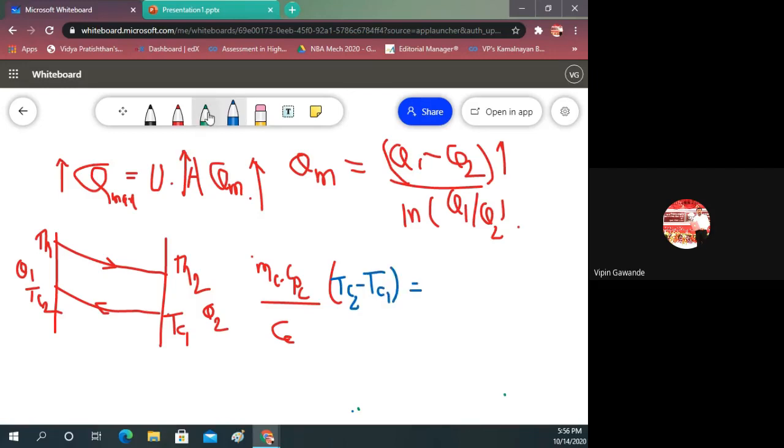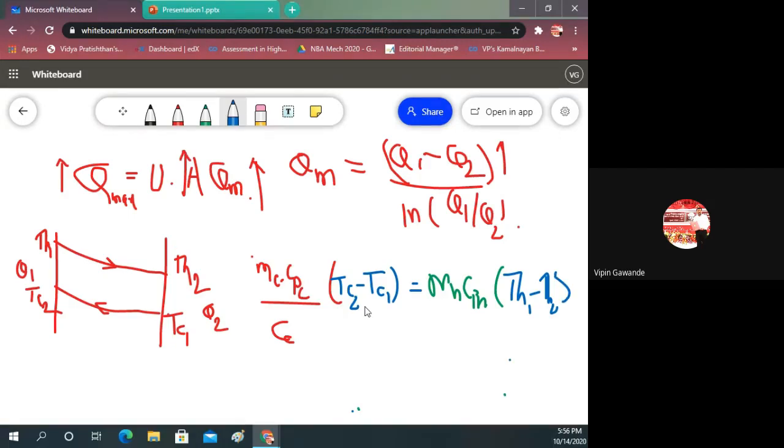And for the hot fluid, it is m_h C_ph, times TH1 minus TH2. Sorry, yes, this is the hot fluid, so this is TH1 minus TH2.